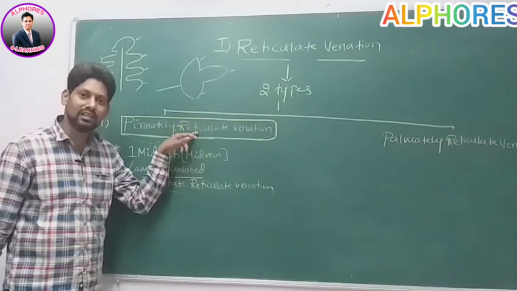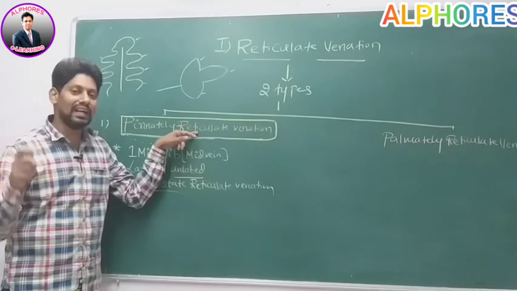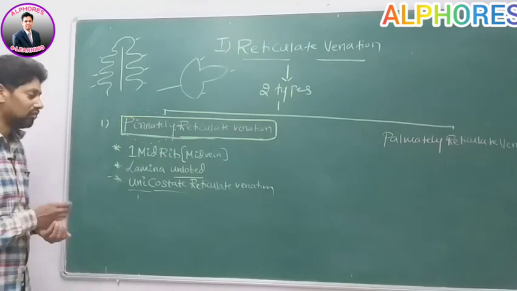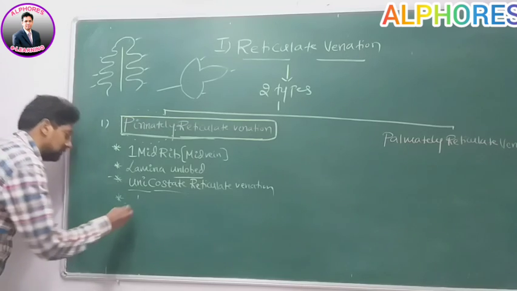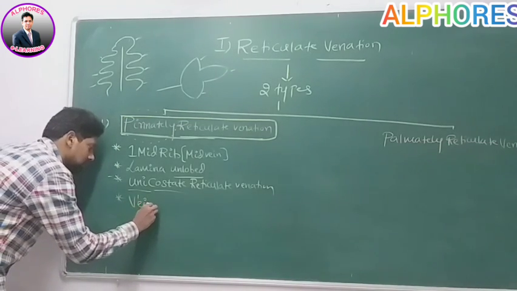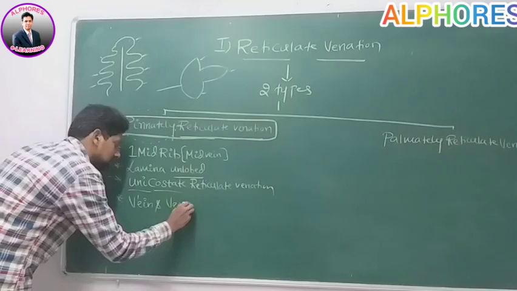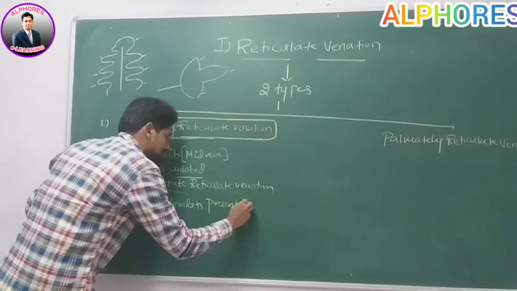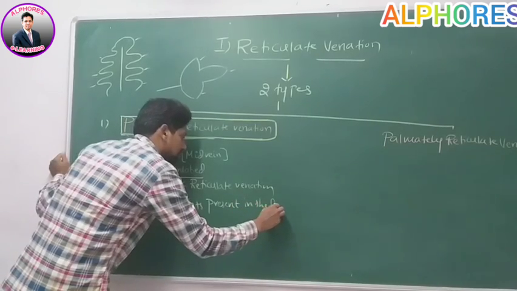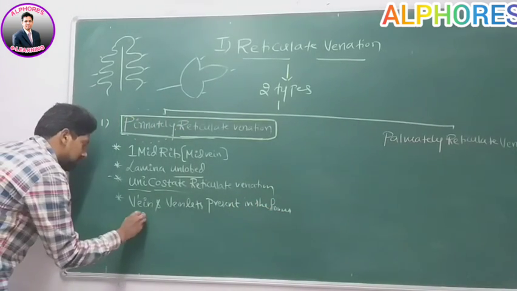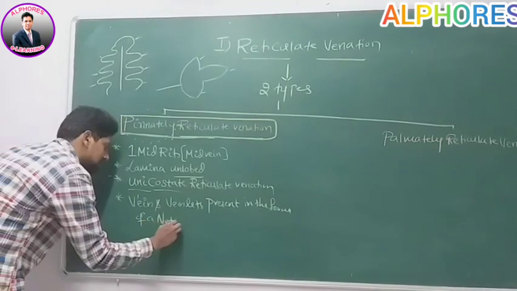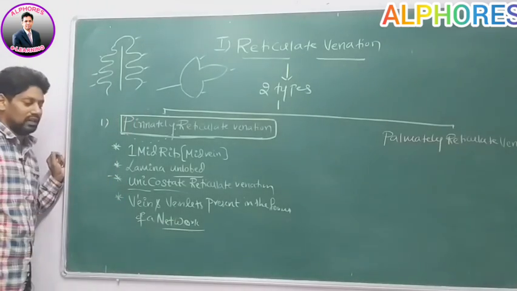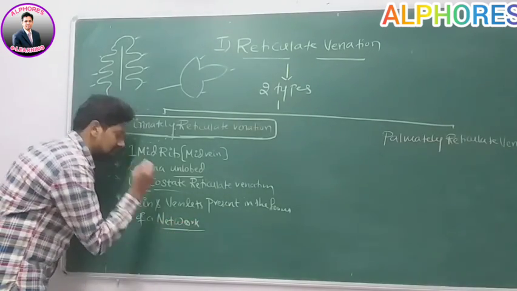What is the second word? Reticulate. What is the meaning of reticulate? Network. It means veins and veinlets are present in the form of a network. Yes or no? Veins and veinlets are present in the form of a network.